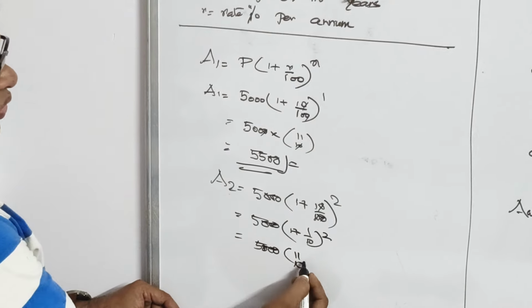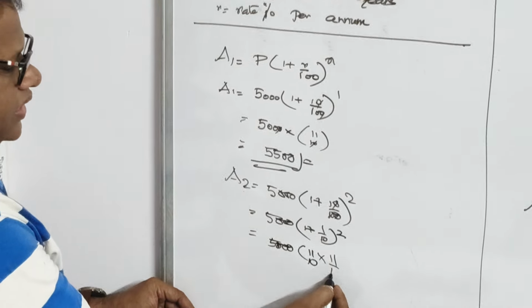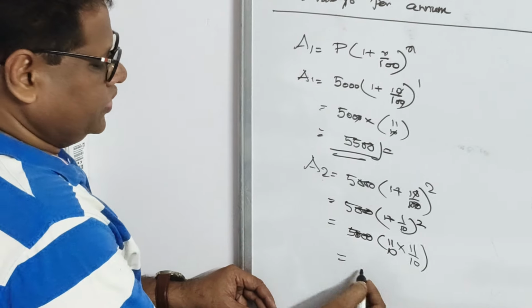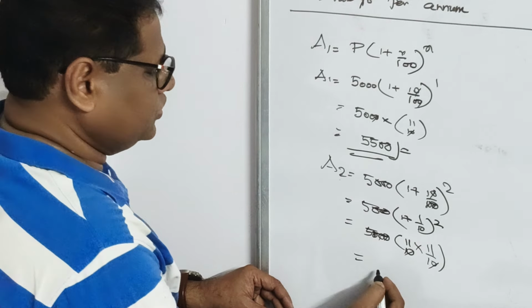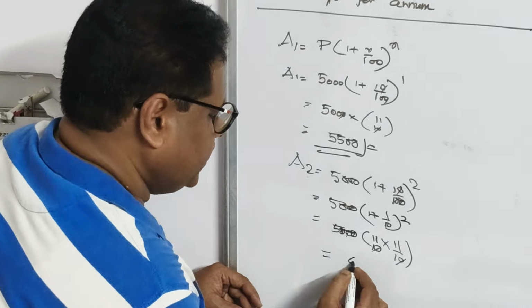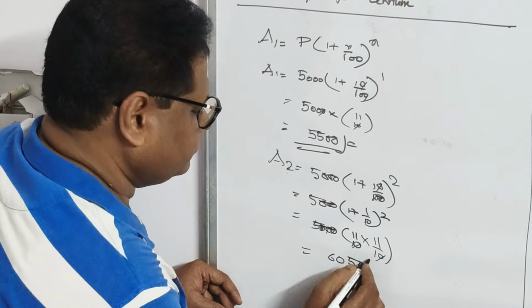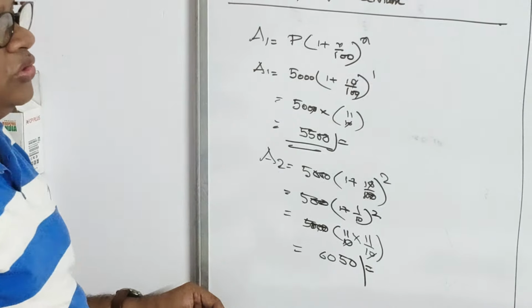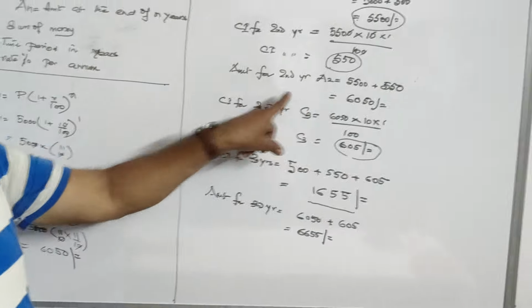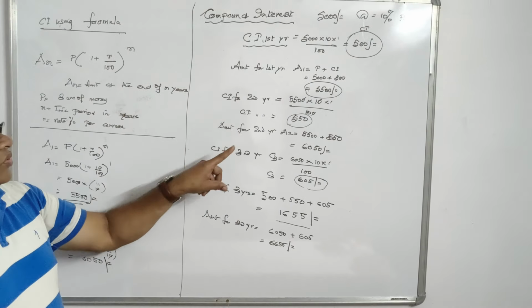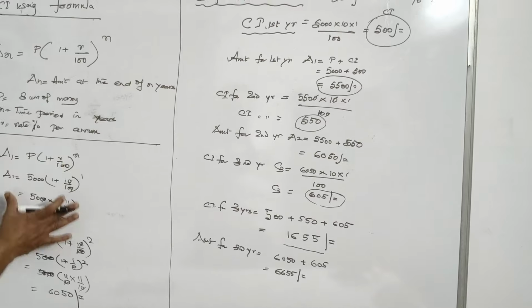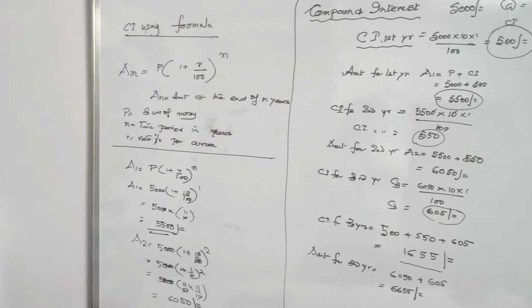Since it is raised to the power 2, we multiply again 11 by 10 into 11 by 10. So the calculation comes to 6050. This is the figure we got in the fourth step. So we can apply the formula like this. Clear?